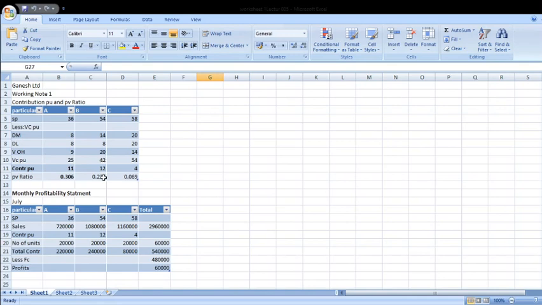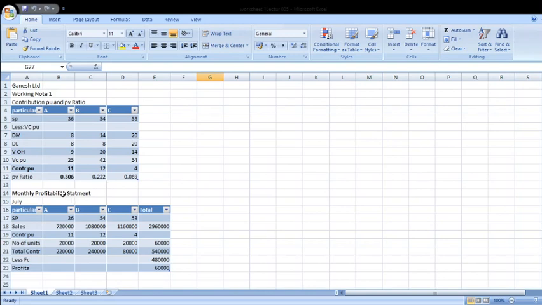So please make 4 columns: Particulars, A, B, C. We start with the sale price, which is 36, 35 and 58. From that, deduct the variable cost per unit for each of the 3 products. I hope you are doing it with me.